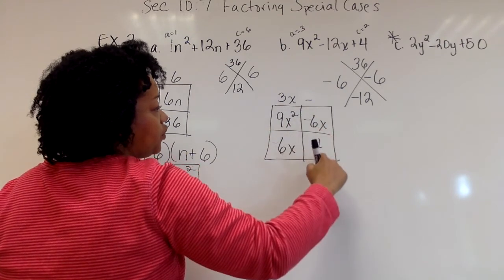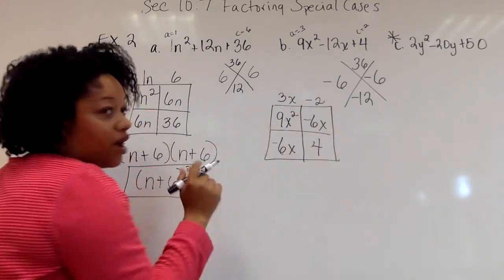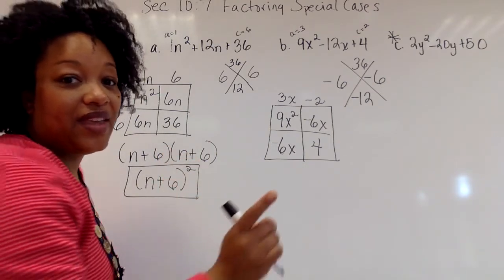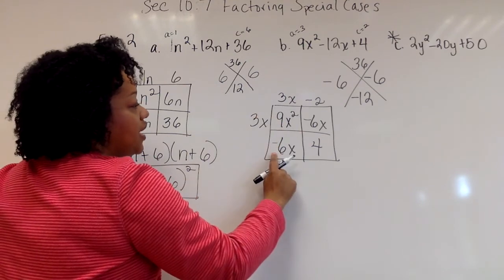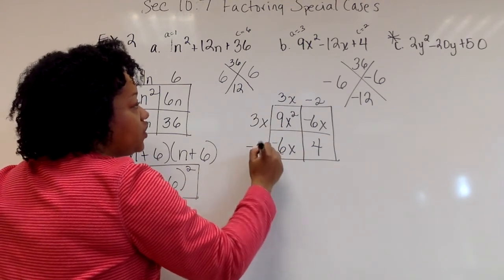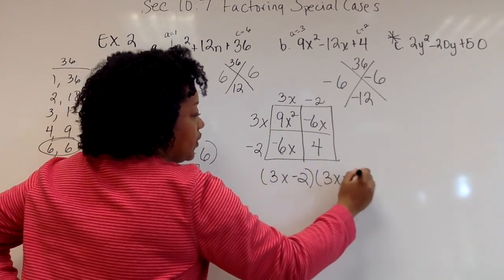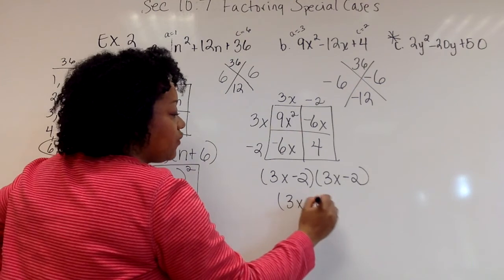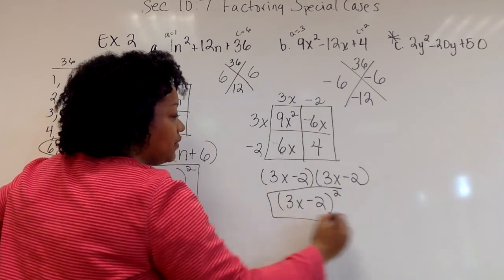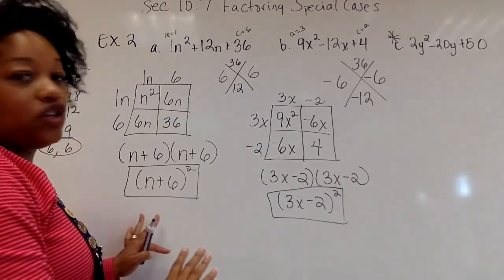The GCF between 6 and 4 is 2. Now let's go across. The GCF of 9 and 6 is 3x. Negative 6 and 4 is negative 2. When you rewrite, you see how it's multiplied by itself? You rewrite it as 3x minus 2 quantity squared. Now I've really gone over, this is almost 6 minutes. Make sure you know what you're doing.